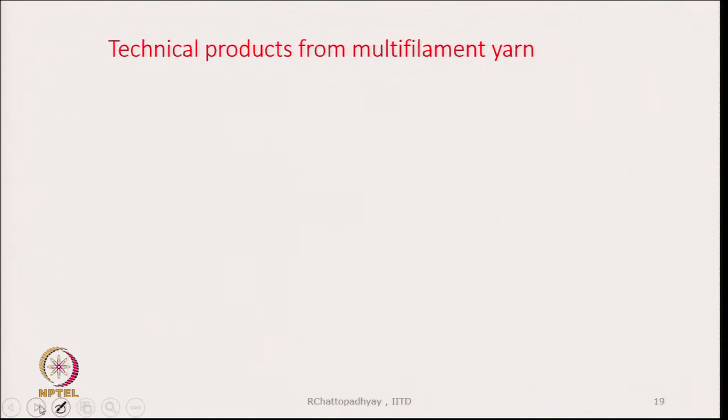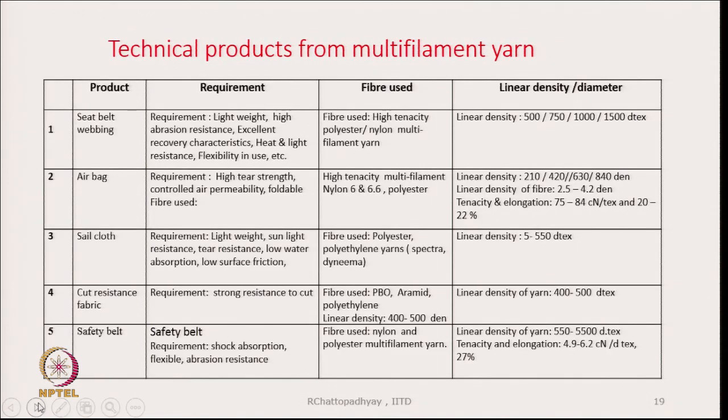Similarly, we can make products from multifilament yarns also, some typical technical products like seat belt, airbag, sailcloth, cut resistance fabric, safety belts are all stated here, and the requirement is stated also. One column, typical fibers to be used also stated, and their linear densities are also stated here.